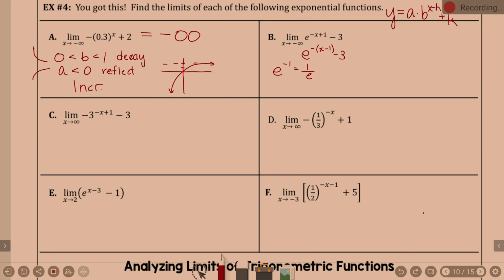So what are we thinking here? It's going to be decreasing. It's decay. Mm-hmm, it is decay.